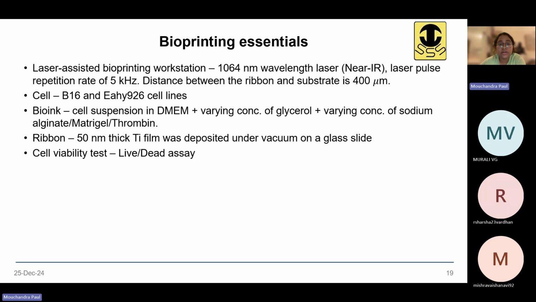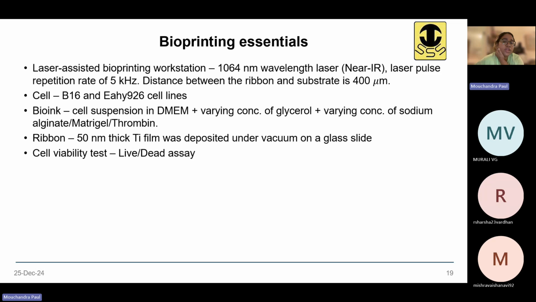The bioink changes a bit as the experiments move on, but the basic components remain the same. There is a cell suspension, and they are changing the cell type in a few experiments. The cell suspension is in the media, DMEM. It is mixed with different concentrations of glycerol.